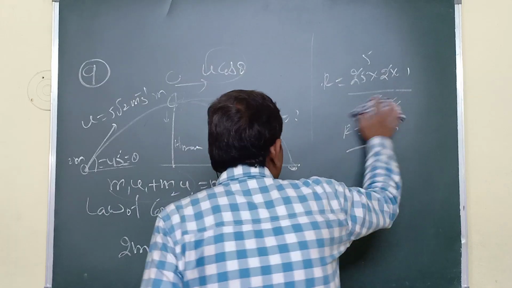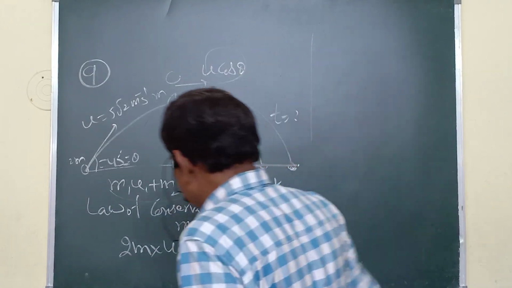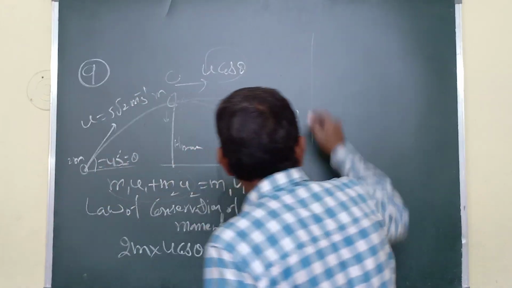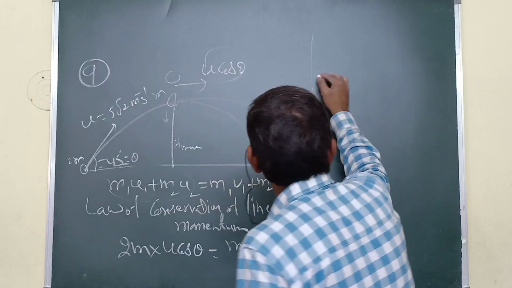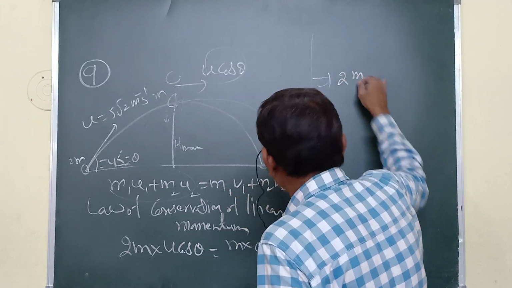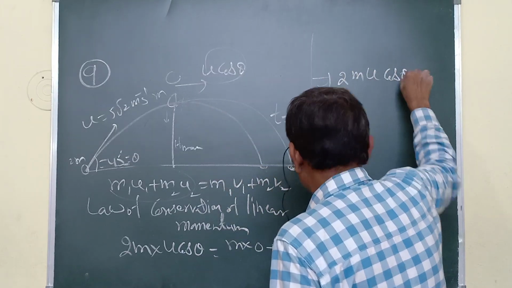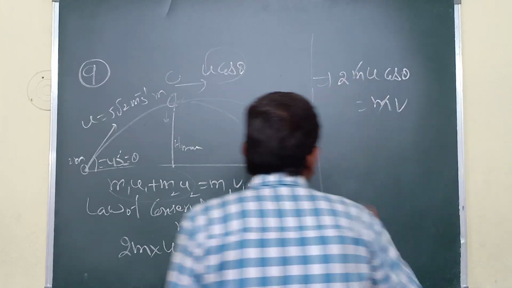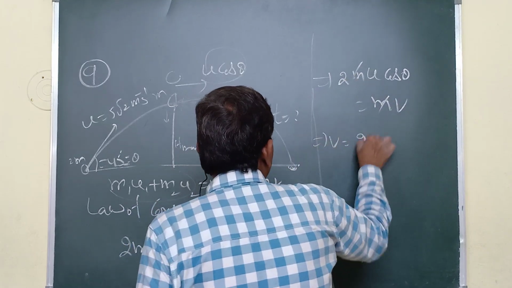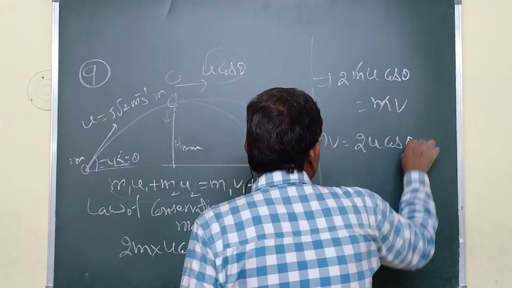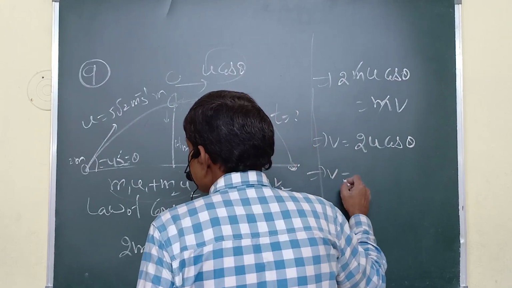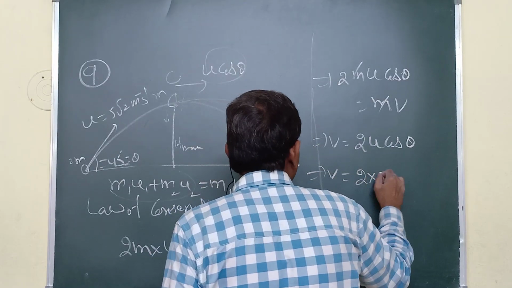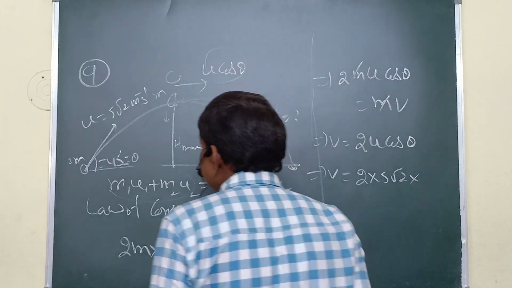So what about this velocity? This implies 2m u cos theta equals m v. The m's cancel. Now what is the velocity? 2u cos theta. What is u? 5 root 2, into cos theta.